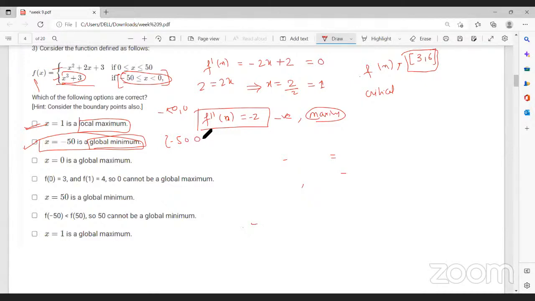So we have to check. In local, we are finding whether there is any point between them where we get the maximum or minimum value, and that can be a tangent only. That's why we use the double derivative. I got it, sir.